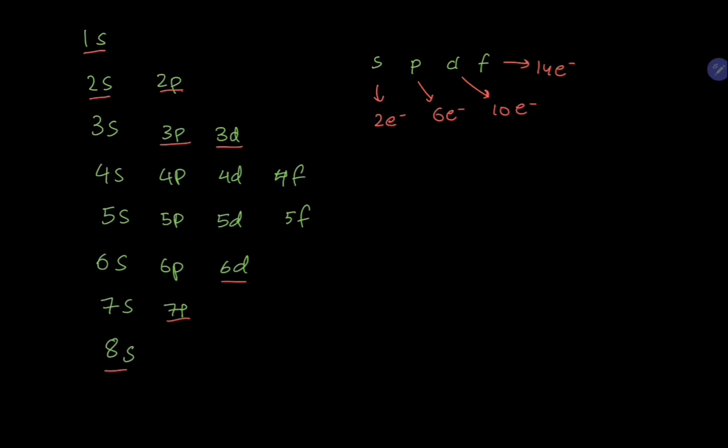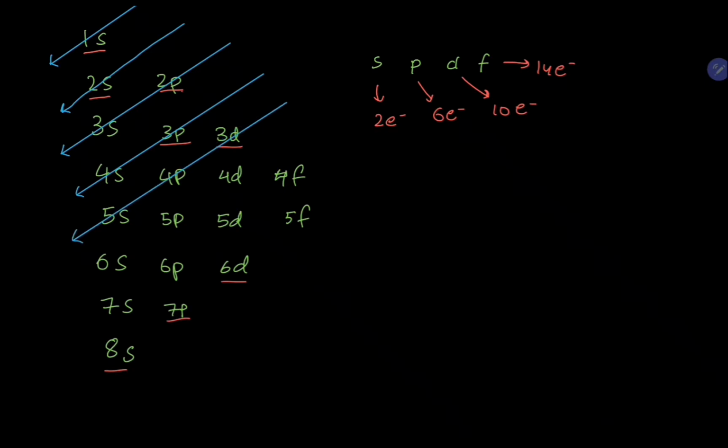So, all you need to do is draw some diagonal lines. And you need to draw these lines very carefully. You will draw one across 1s and the other across 2s. You can see how it's going actually.